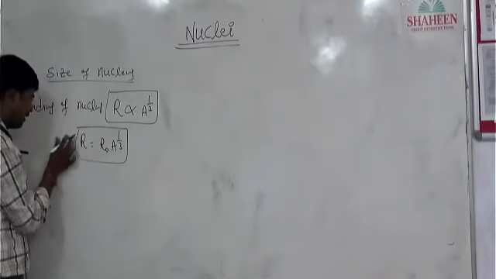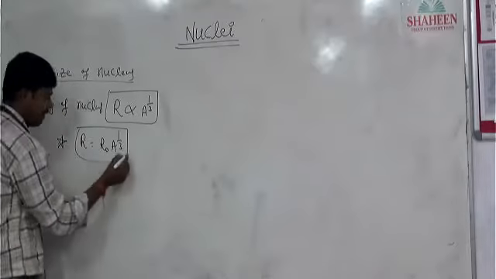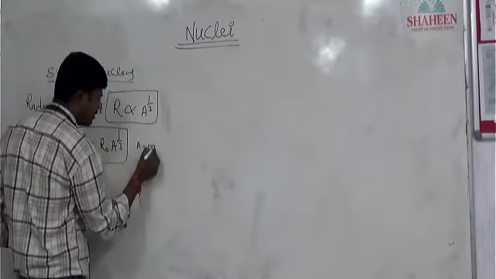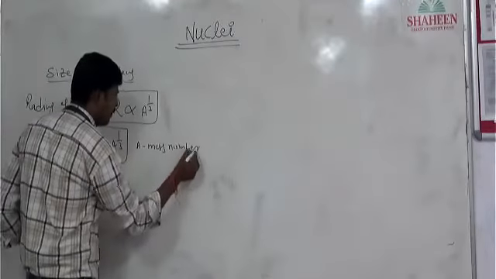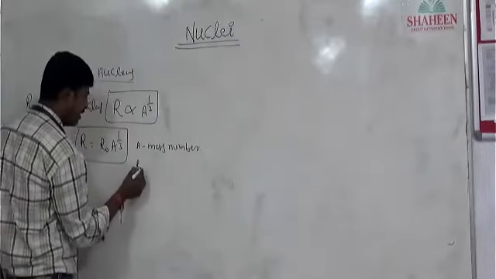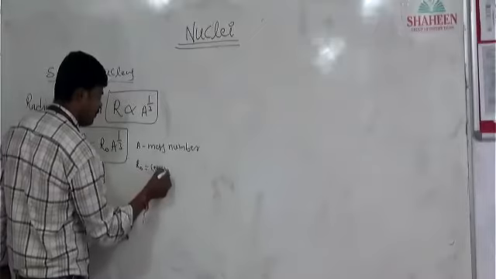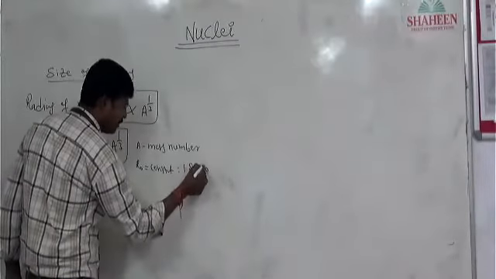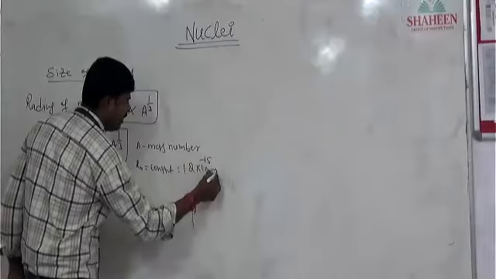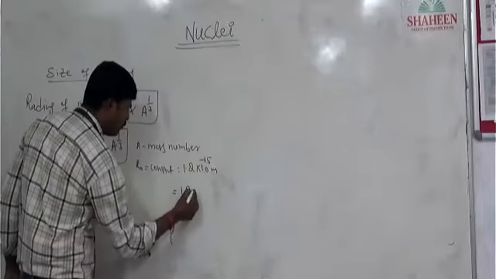Here A is the mass number of the nucleus, and R naught is a constant whose value is approximately 1.2 into 10 to the power minus 15 meter, or 1.2 Fermi.